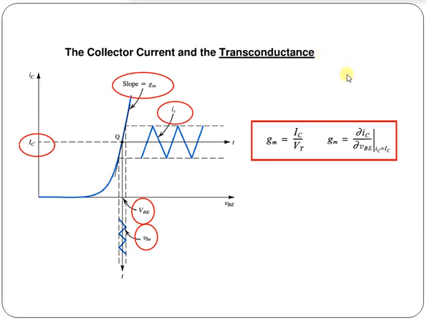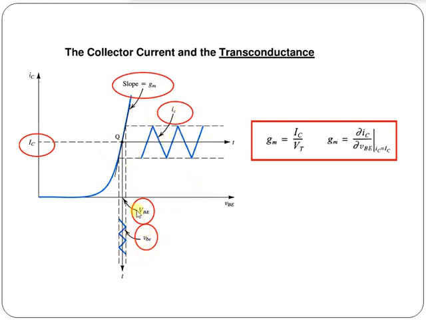Coming to the graphical representation of gm, that is the slope of the iC versus vBE characteristic curve, the instantaneous value of collector current is equal to the DC bias current at the Q point. If there is a small signal variation, you can see there is a corresponding variation in the collector current.